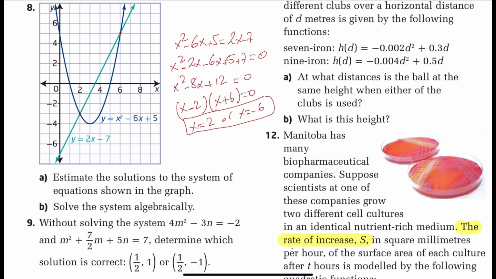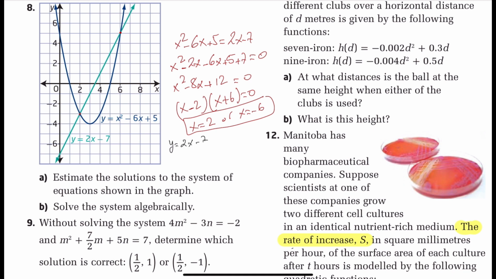Now you need to just substitute these x's in one of the equations. So for example, I will substitute this x in this equation. I know y is equal to 2x - 7.